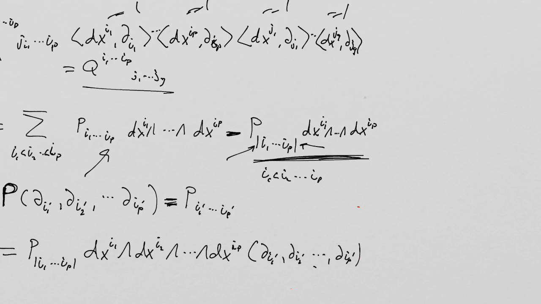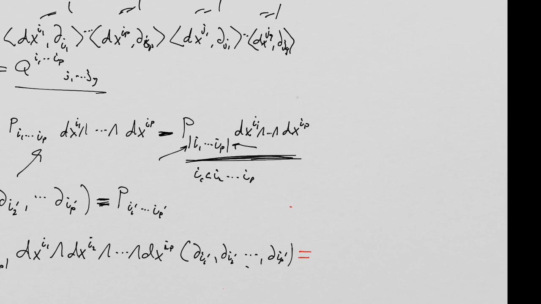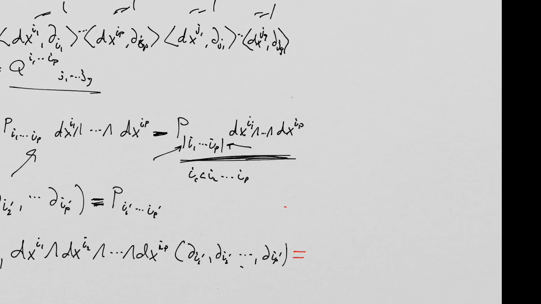It's going to equal, and I'll just leave it in red because it's kind of important, let's break out the sum. The sum over I1 less than through IP of P I1 through IP, and then it's the determinant, right?